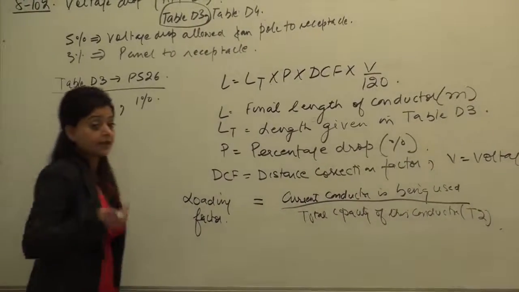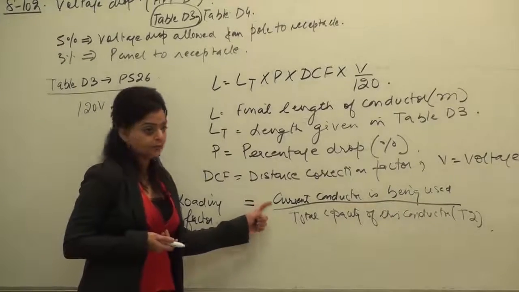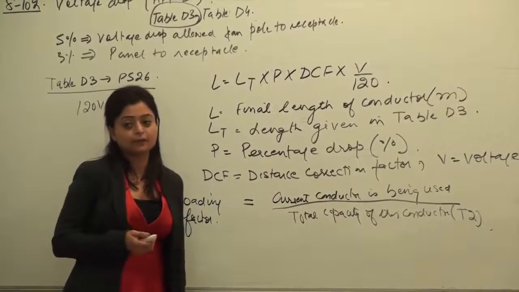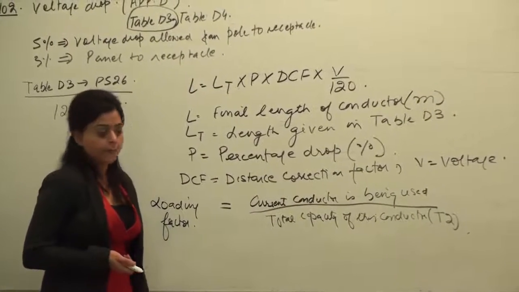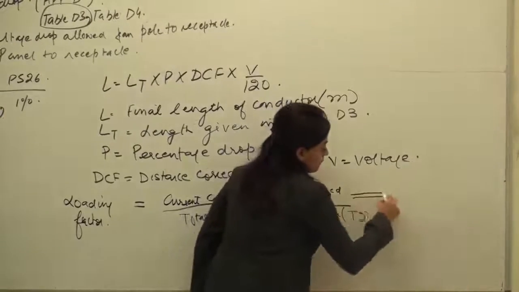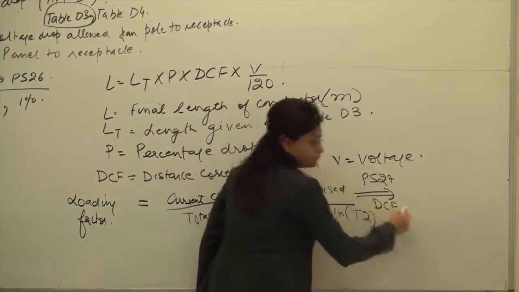So right now, as I gave you an example, I might be using this conductor for 25 amps and the capacity is to carry 50 amps. So loading factor will be 50%. Once I figure this out, I will go to page 527, which is my DCF table.